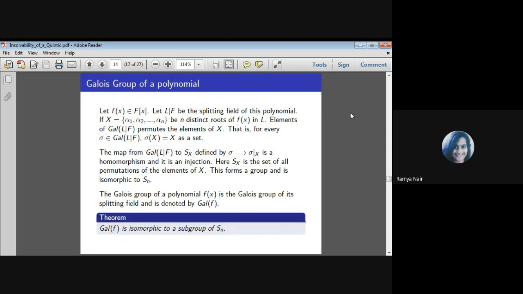Here we can look at the polynomial x square minus 2. The splitting field of this polynomial is Q adjoin square root of 2.